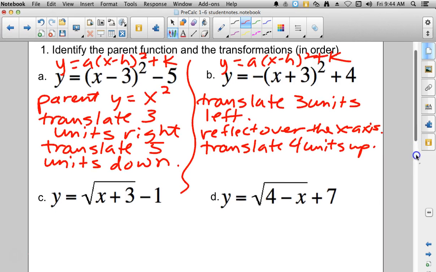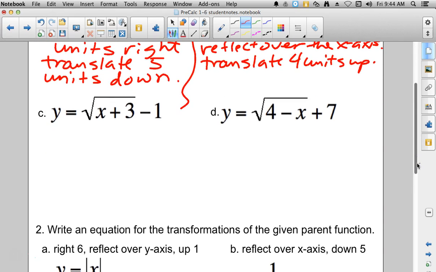Then we get to y. For y, for c: y equals the square root of x plus 3 minus 1. And I think, okay, parent of this bugger. Notice I didn't write the parent down on the last one because it was the same parent function, y equals x squared. This one is the square root of x. There's our parent function.